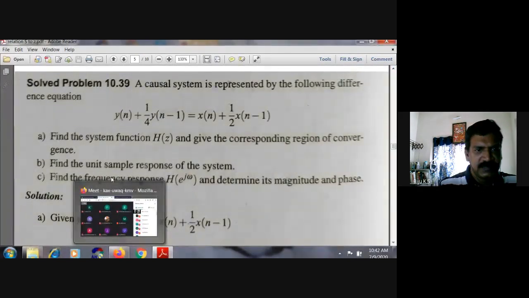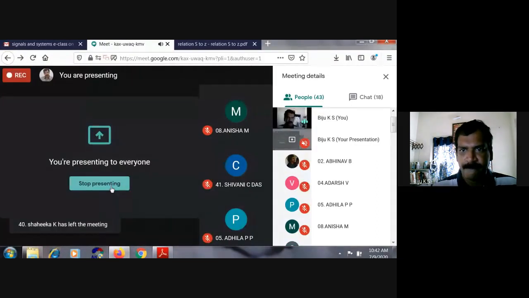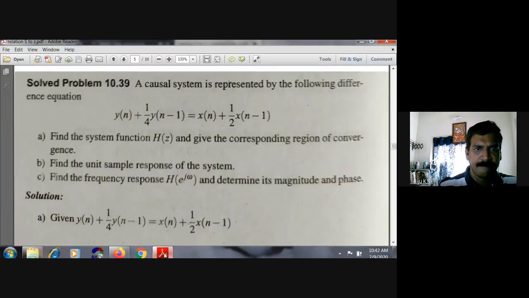A causal system is represented by the following difference equation.